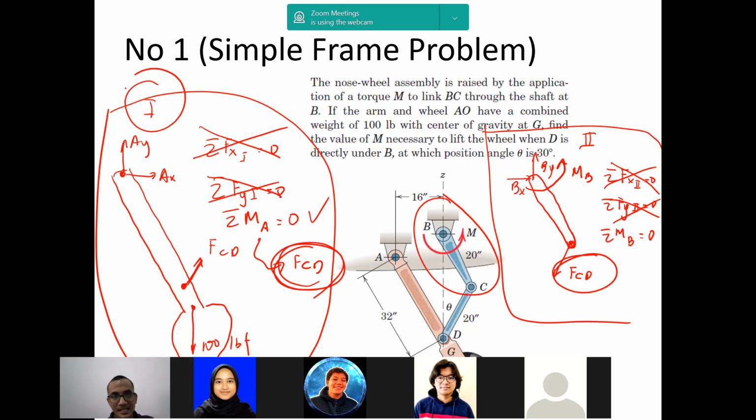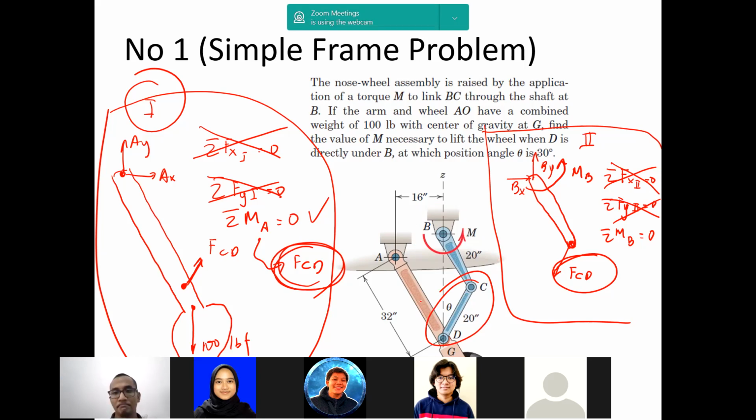In this problem, can we solve for MB or not, Randy? Yes, sir. So you can imagine, right, Randy, how important it is to find out about the two force member. You could not solve this problem before because you didn't know that CD is a two force member, right?